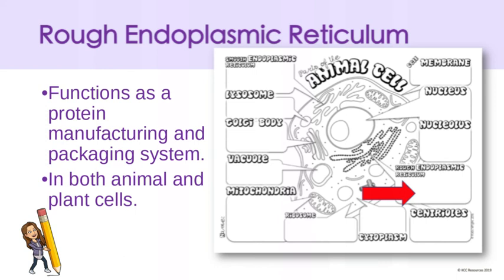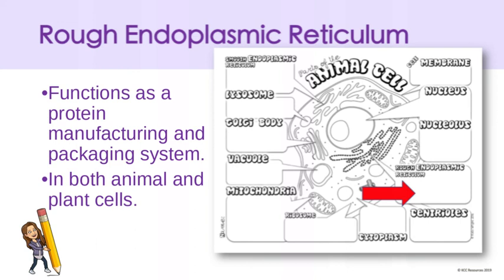So it basically is a maze of pathways that carries proteins and genetic material all over the cell. And it's in both plants and animals. So again, you're going to end up writing that on both, or if you're doing bullet points on notebook paper, just writing both plants and animals.